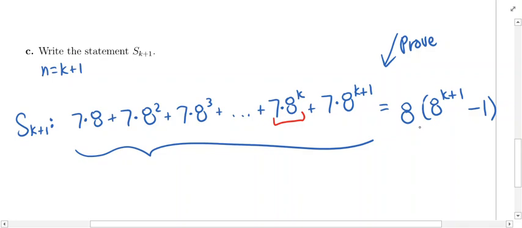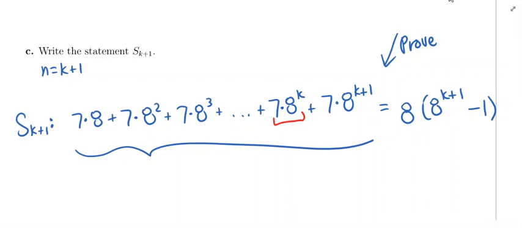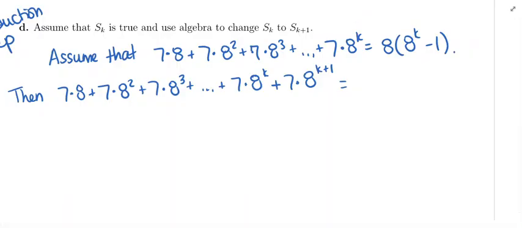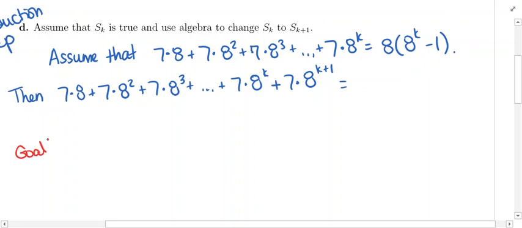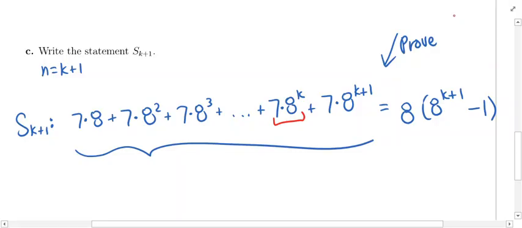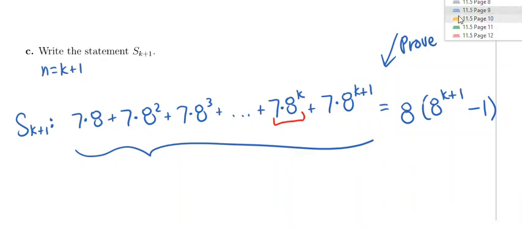Okay, I'm going to continue on the next page. I'm going to write down my goal so that I know what I'm after. Okay, our goal, I'll put it in red. Okay, the goal is to turn this into 8 times 8 to the k plus 1 minus 1. Okay, let me just double check that. All right, that is our goal.